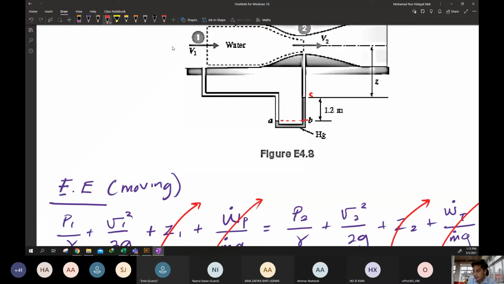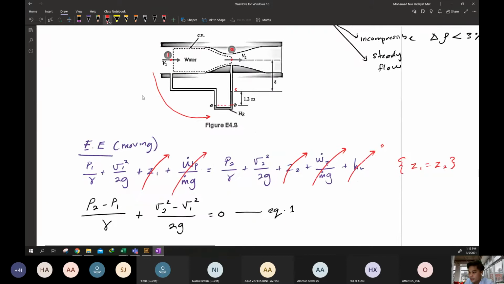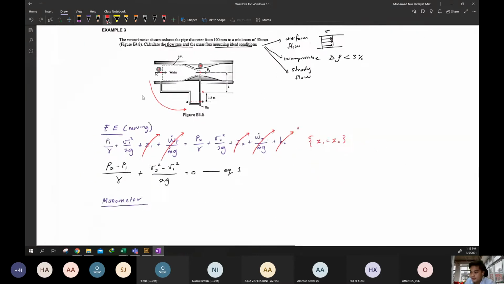We can start from here: from point 1 to point A, then A to B, B to C, C to point 2. This is point number 1 and this is point number 2. We start from here. So, P1 minus PA, or PA minus P1.